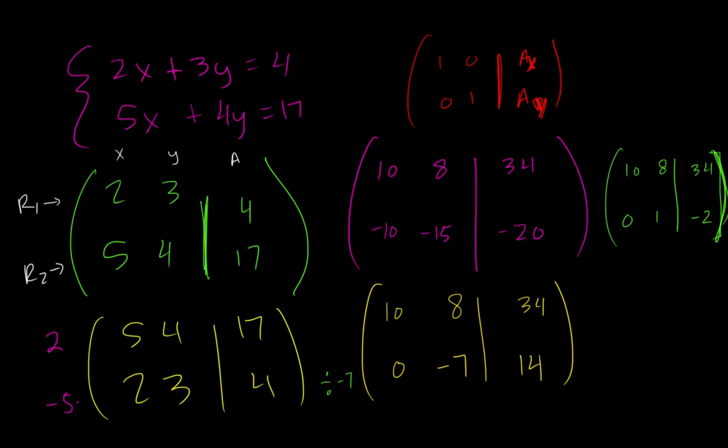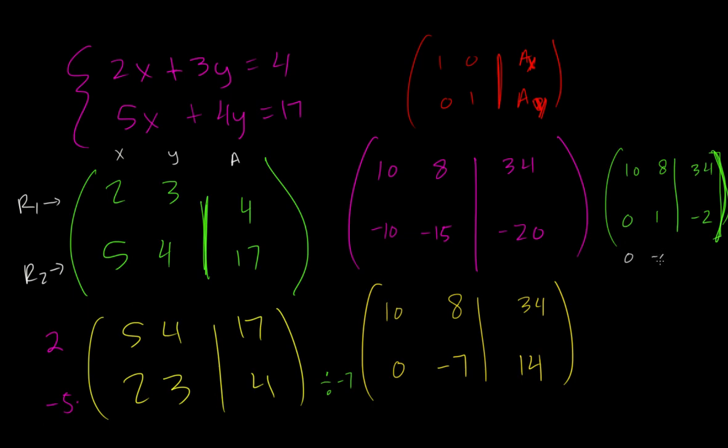Alright, now once we've made this 1, we're going to use it to make a 0 right here. So I'm not going to actually multiply it by -8, but I'm going to do that row operation where you can add or subtract a multiple of a row. I'm going to multiply the bottom by -8, as a little half step.